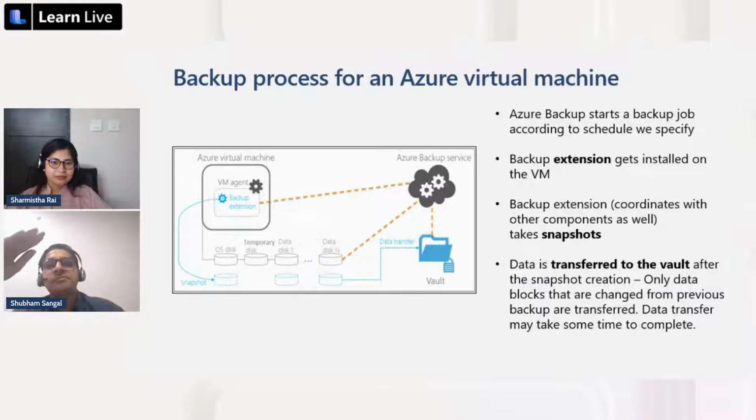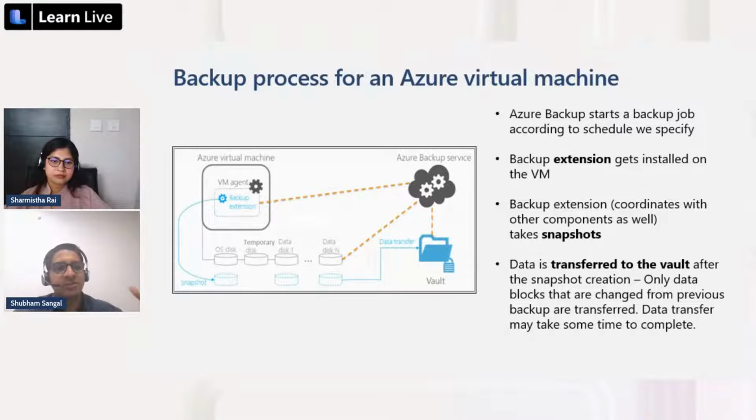All right. So we've discussed backup policy. A user needs to configure a backup policy, which will basically help schedule backups. Once the backup job is triggered, a backup extension gets installed on the VM. This backup extension interacts with the components on the VM, say in Windows, the components that you mentioned while explaining the consistency, and by interacting with those components, it will take snapshots of the VM.